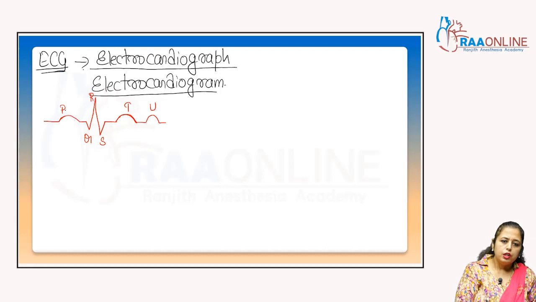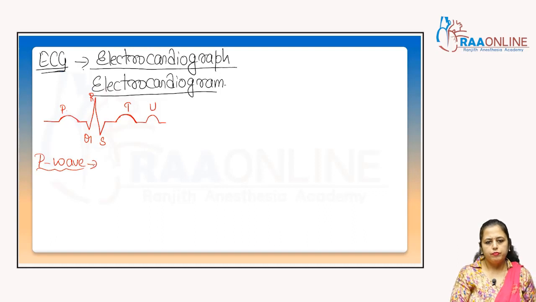But you have to know only P, QRS and T, right? P is the small upward deflection. Clear? P wave.